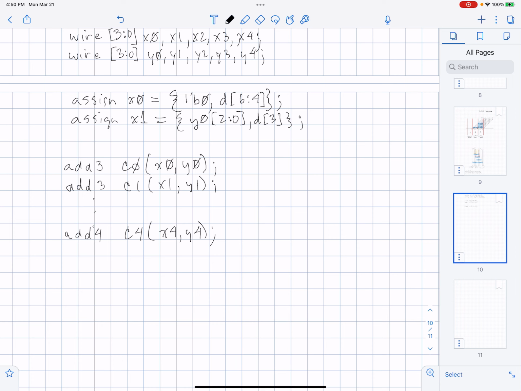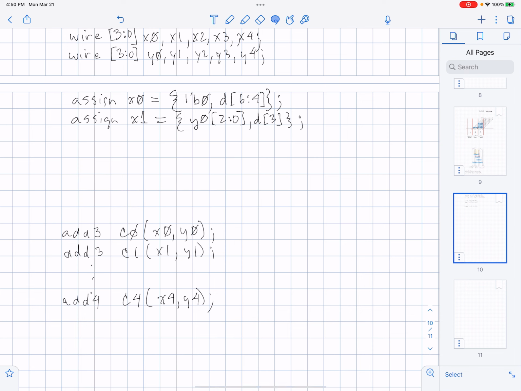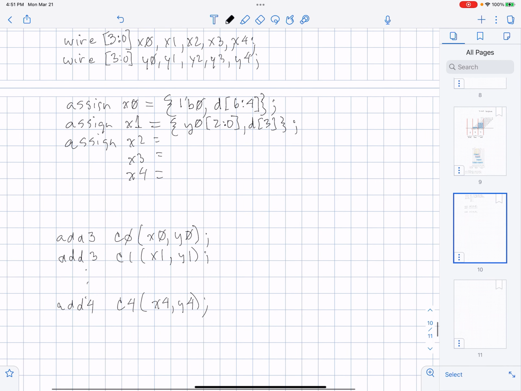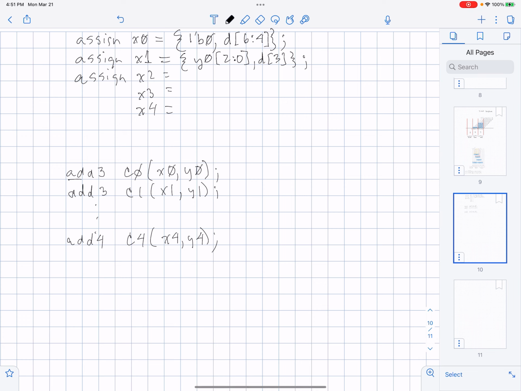So my task here is to continue this process and assign all the inputs for X3, X4, till I get all the inputs assigned. All right? The outputs get assigned through the add 3 modules. So X0 comes in, Y0 comes right back out.